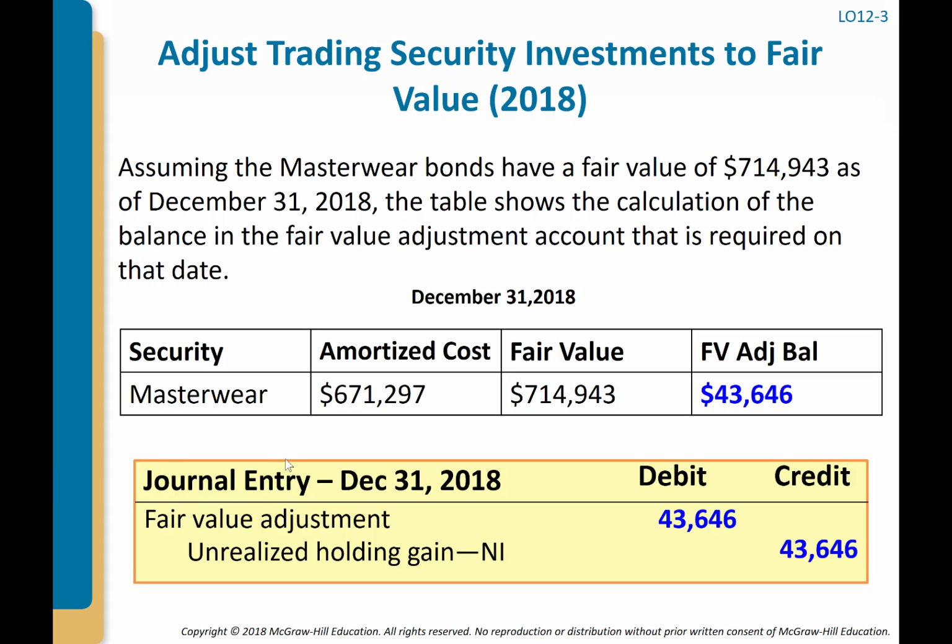And this fair value adjustment in this example was 43,646. And since the investment is a debit and the fair value adjustment has a debit balance, we would go ahead and report the net carrying value of the investment.